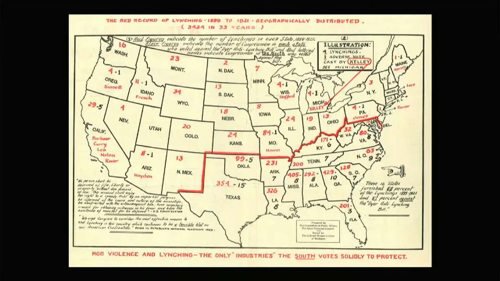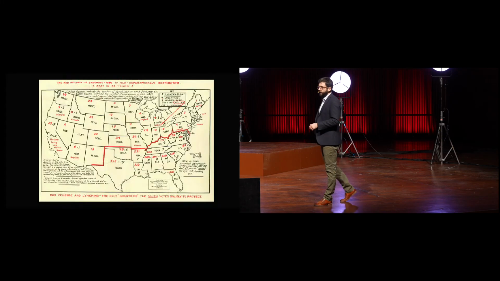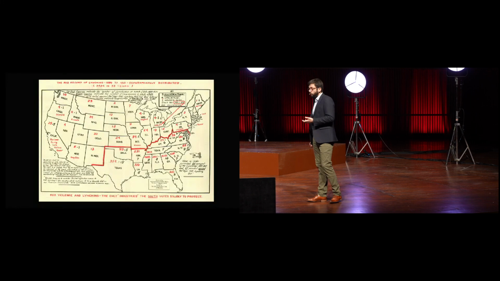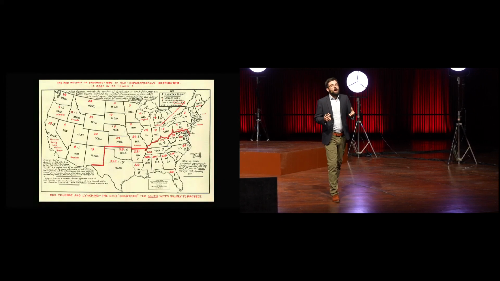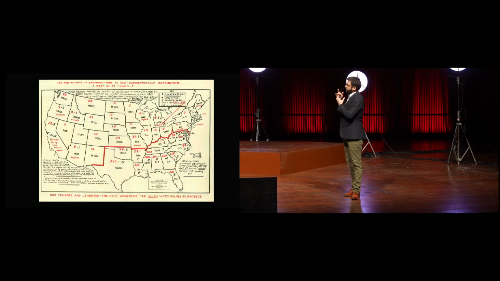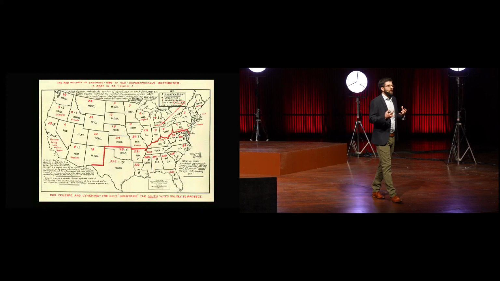There were pioneers in trying to tackle some of the worst consequences of, in this case, racism. And in the case of this particular map, it was created in 1921 by the Colored Women's Club of Michigan, who were trying to get through anti-lynching legislation.